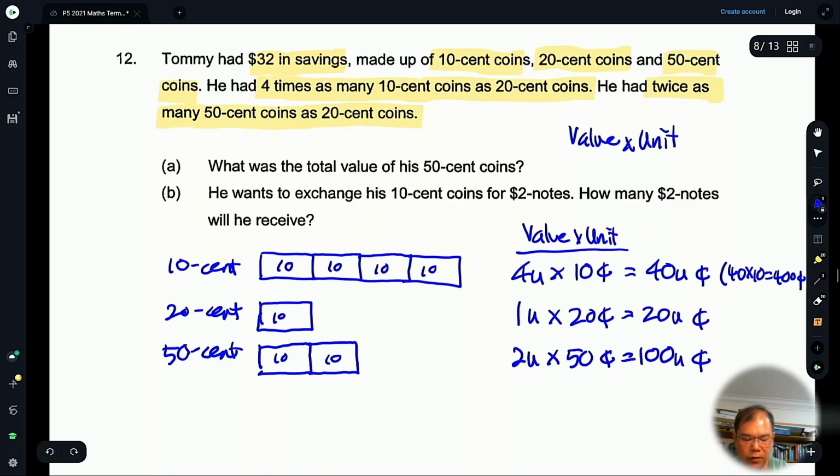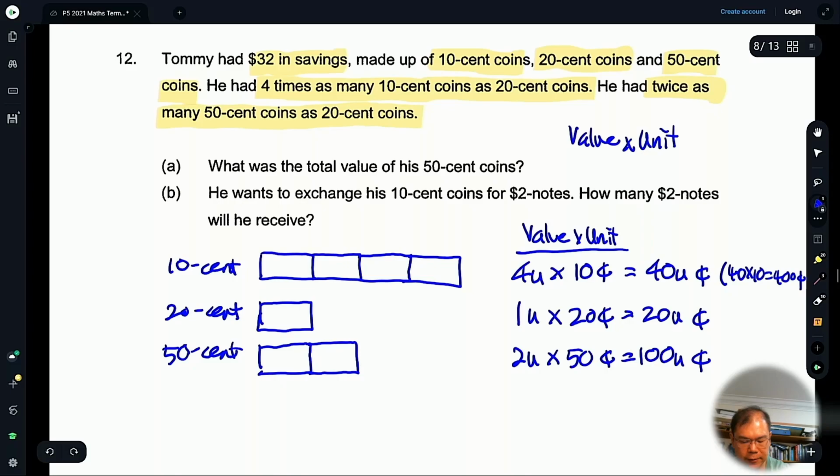Okay, but of course this is just an example. We don't know how many coins are there in each unit. But we know that 40 units means 40 times the number of coins in each unit. So in this case, we do not know how many coins are there in each unit, so I just have to use units to make do for now.